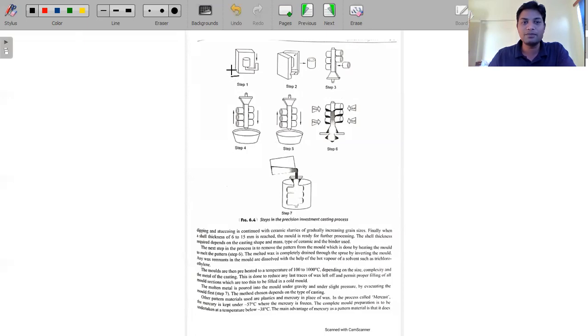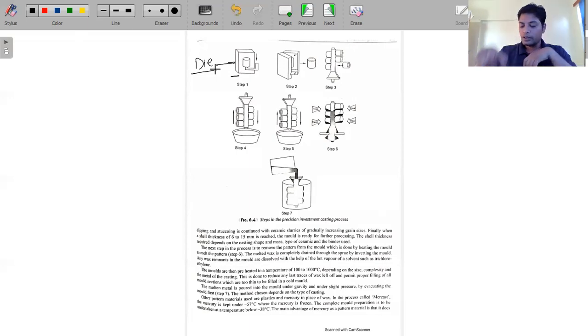Step one is this, which is basically the die. This cross section is basically the die. Inside the die is the shape that we actually need for the casting purpose, so for that we have to use a die.